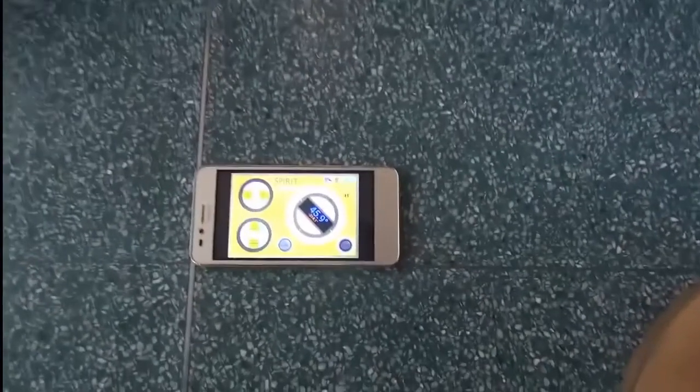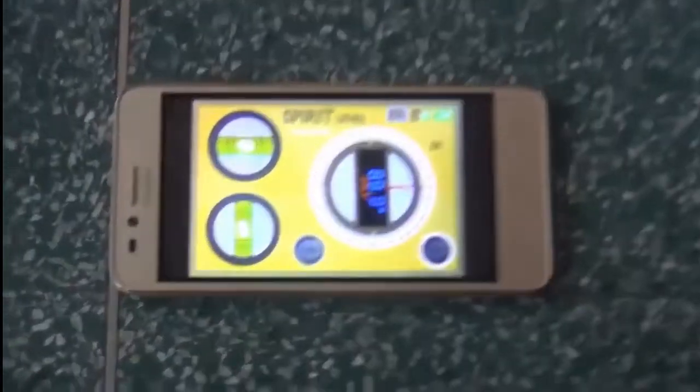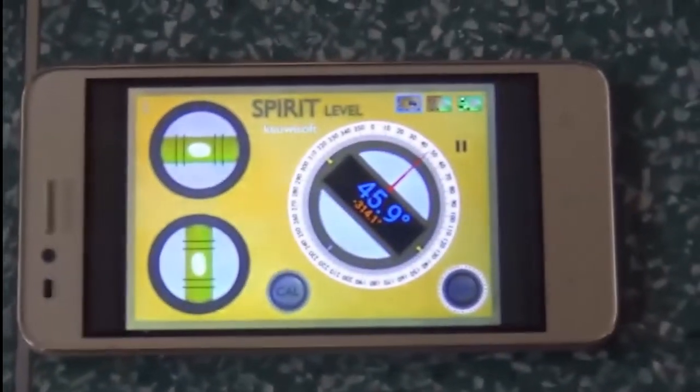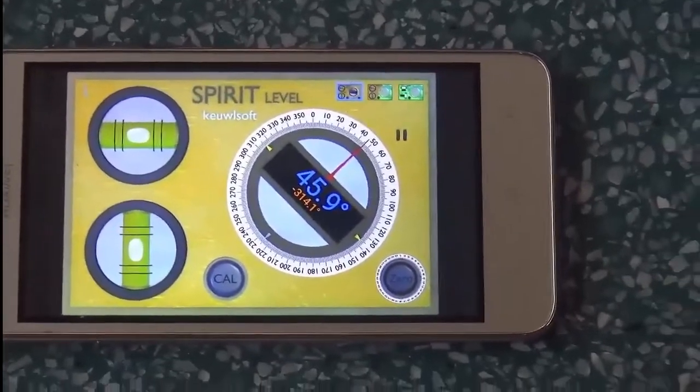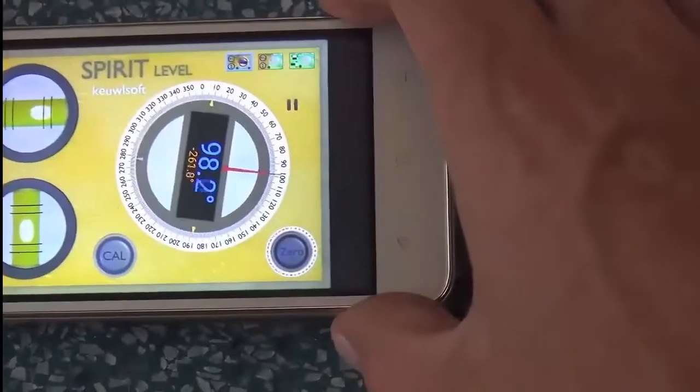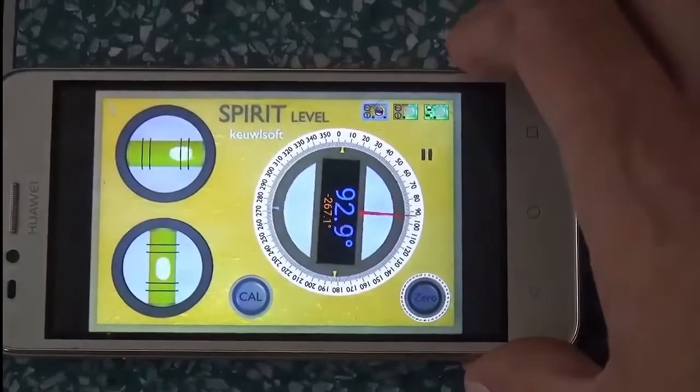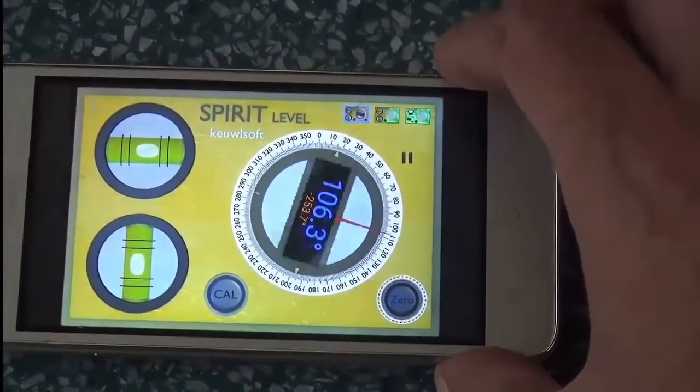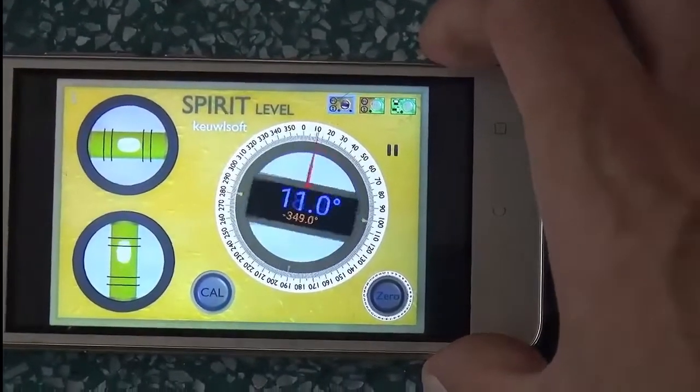This is Phuket International Airport, and I have the spirit level app on my phone here. You can see that when we tilt it, it moves.